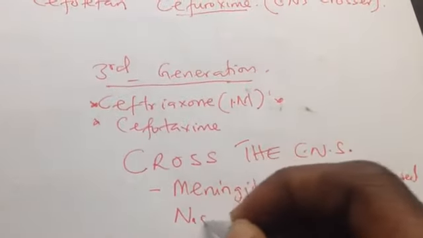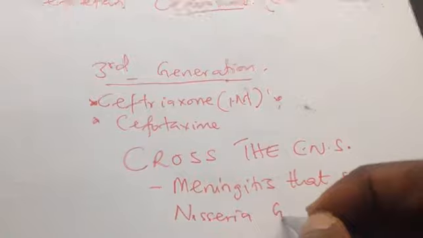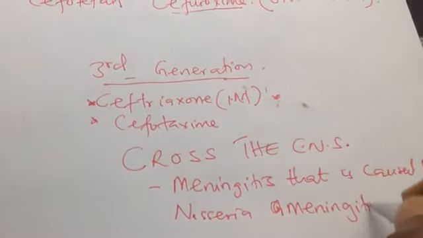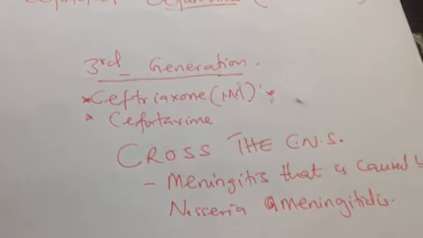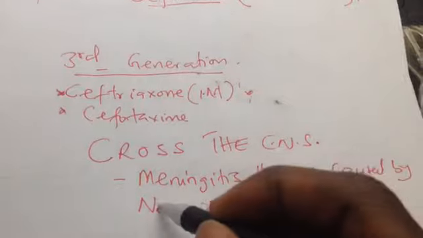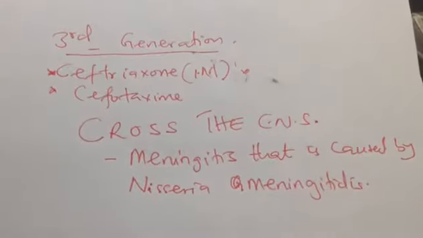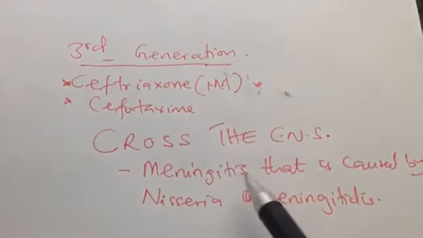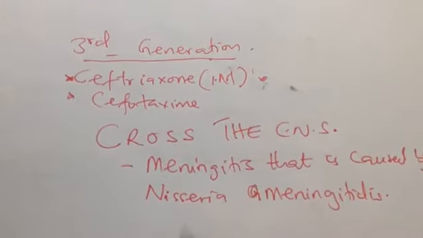Neisseria meningitidis. So this is a bacteria that used to cause meningitis. So these ceftriaxones, because they are lipid soluble, they can cross the blood-brain barrier and then kill this bacteria.